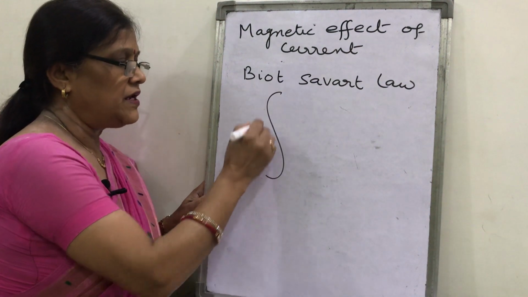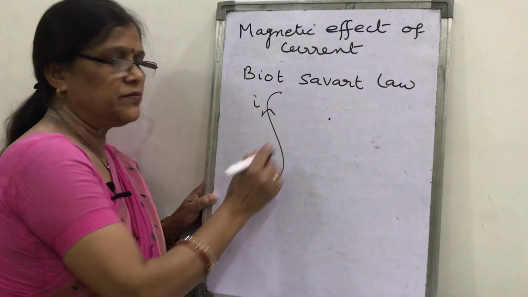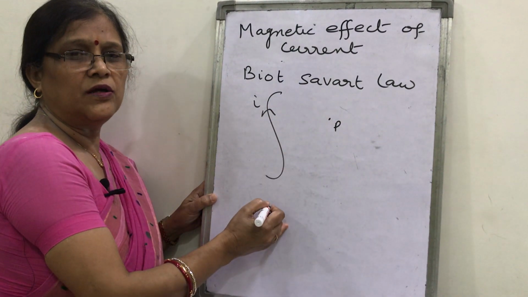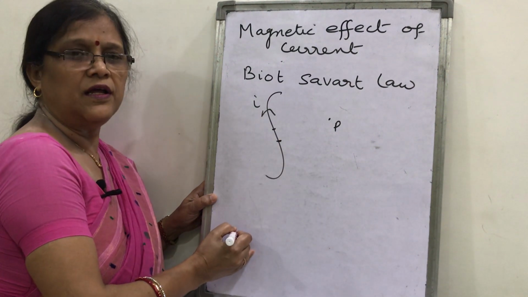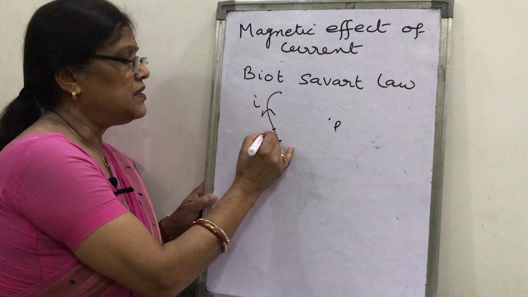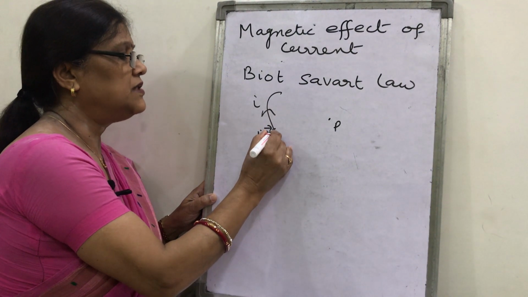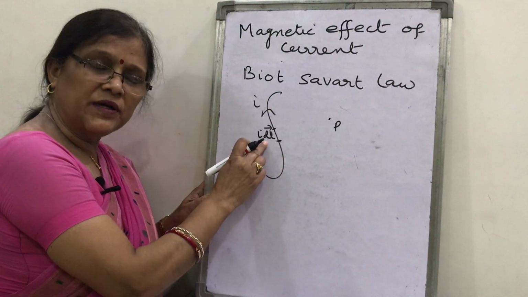Suppose this is the wire carrying current I, and you want the magnetic field to be determined at point P. If you take a small length dl and current is flowing through it, then this I dl becomes a vector quantity. dl is the small length of the conductor, and this current element is a vector.